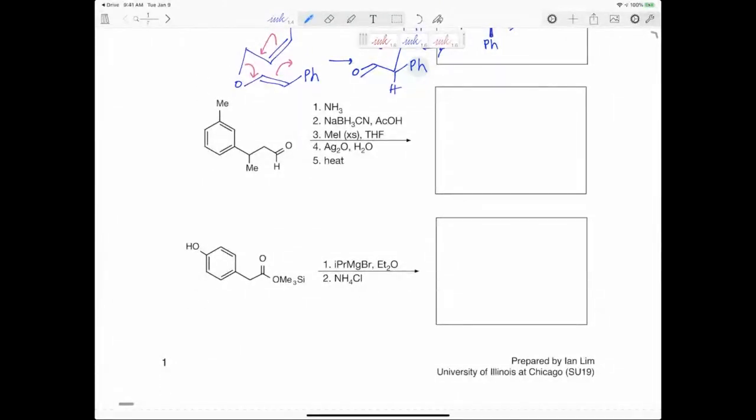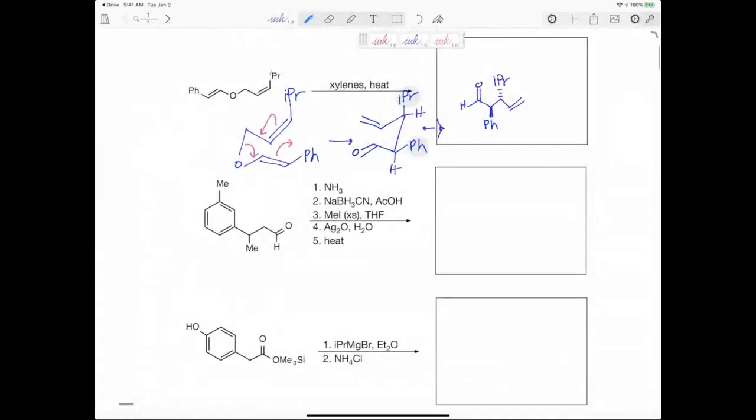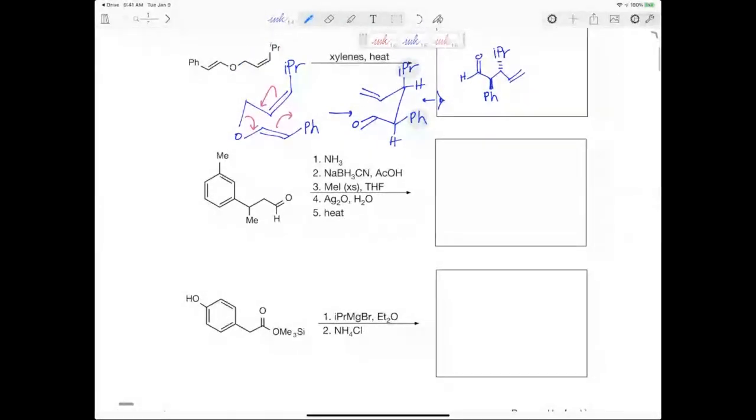All right, the third one. What's the first step and the second step? Anyone knows what kind of reducing agent this is?